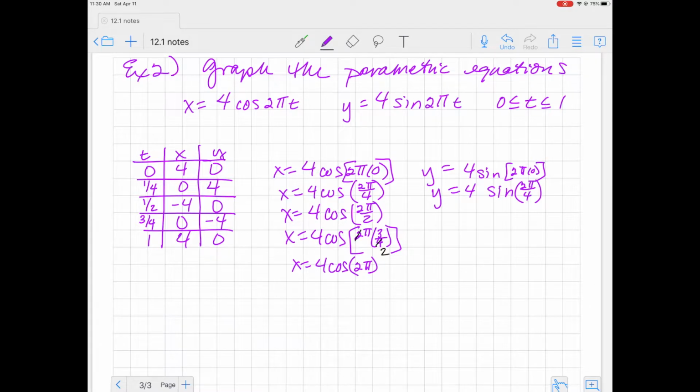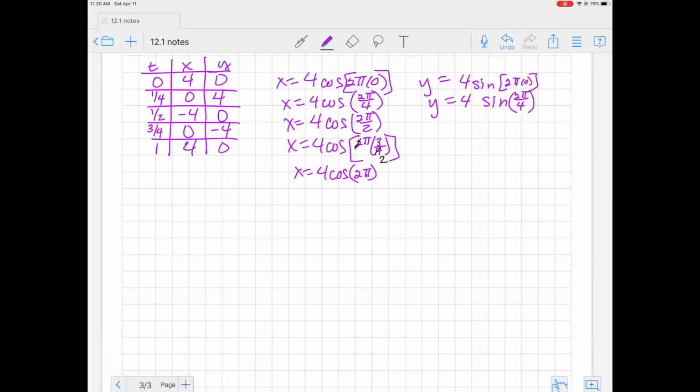Awesome. Now, let's graph it. Remember, we are starting and stopping, and I'm heading it up here to 4. So let's make a nice big graph. So 1, 2, 3, 4. 1, 2, 3, 4.